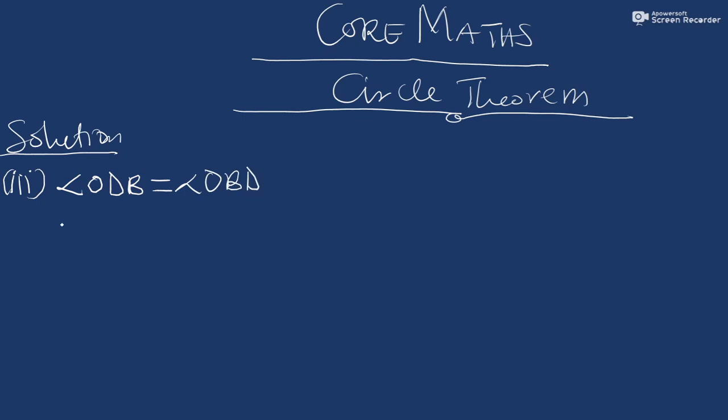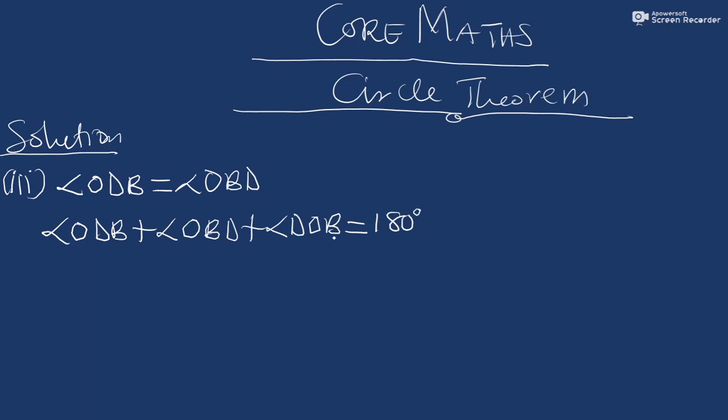Okay, and then angle ODB plus angle OBD plus angle DOB should be equal to 180 degrees. Okay, so now we are to find angle ODB, and our equation says angle OBD is the same as this one.